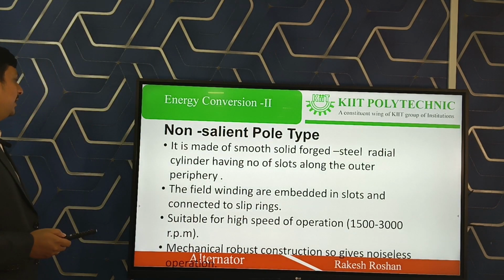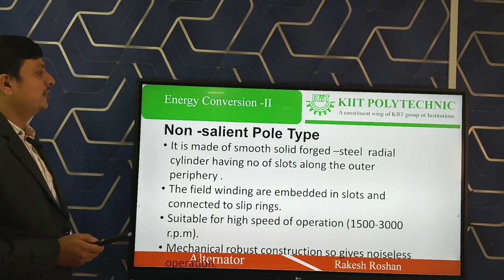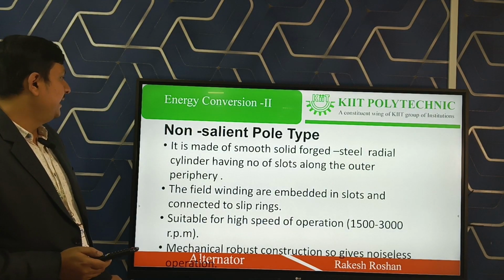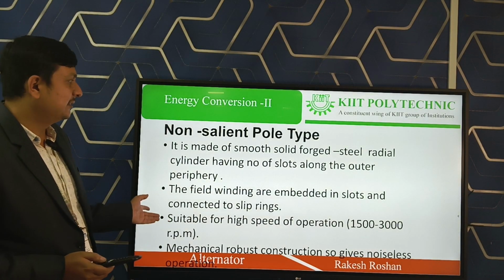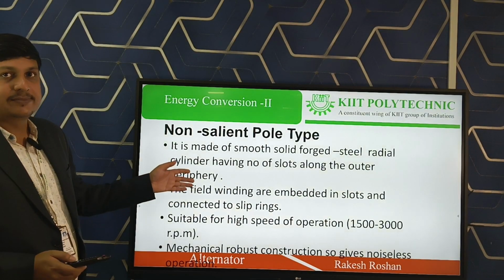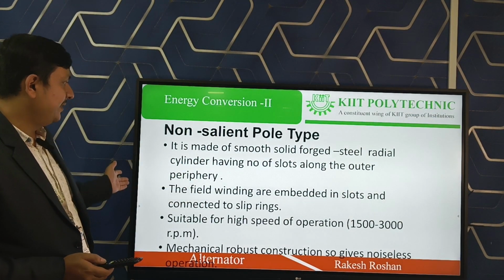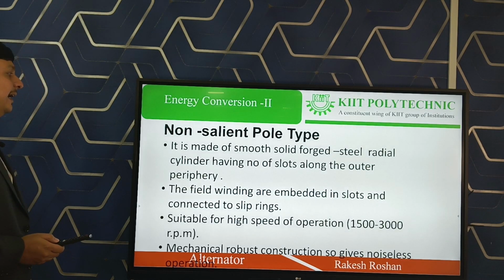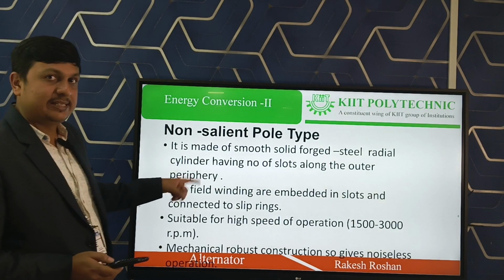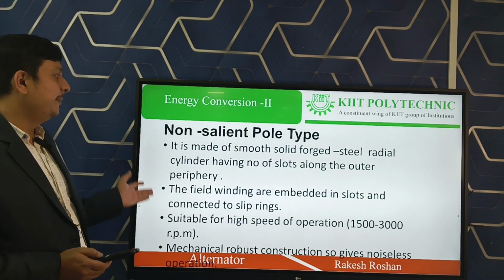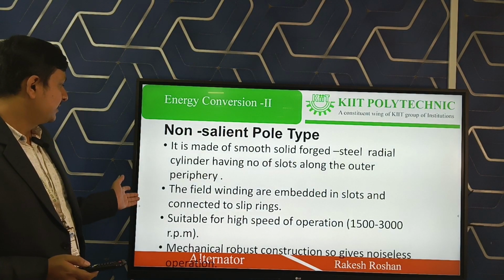It is made of smooth solid forged steel, a radial cylinder having slots along the outer periphery, as we have seen in the previous diagram. The field windings are embedded in slots and connected to the slip rings.